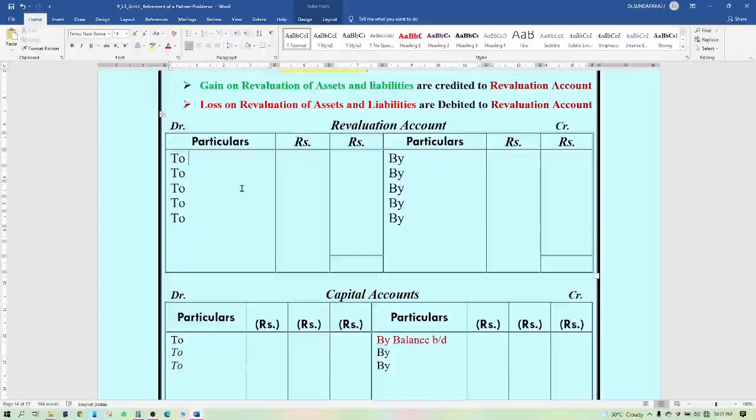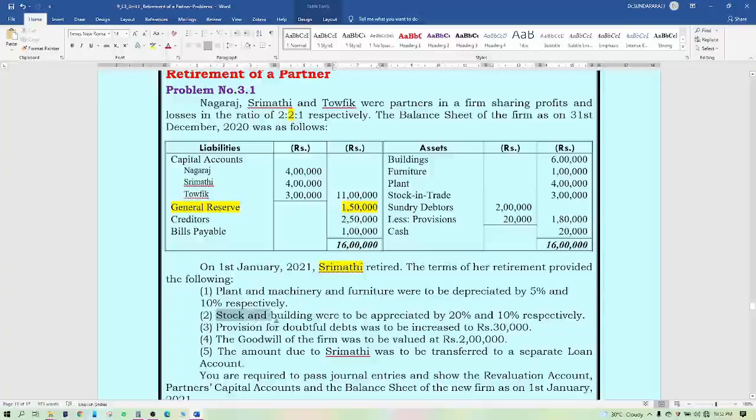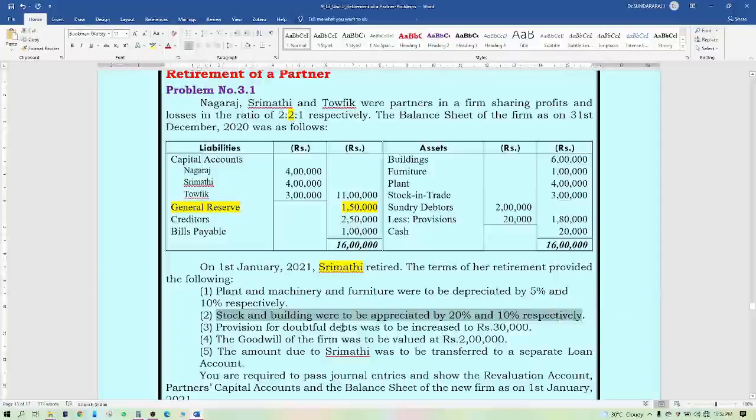As the revaluation account is debited, the plant account has to be shown on the debit side in the revaluation account by 20,000 rupees, being the loss on the revaluation of plant. In the same way, the furniture has to be debited by 10,000 rupees. It is also depreciated.